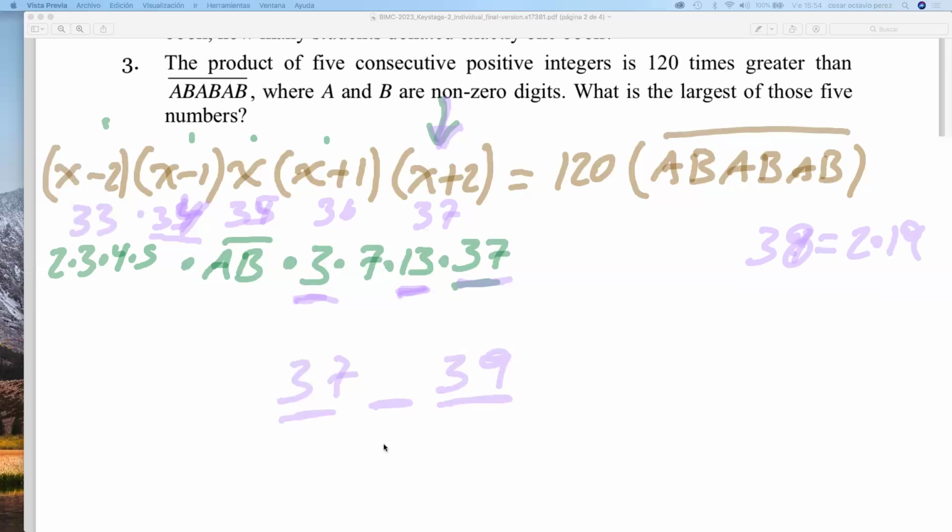So we need 19 divided AB to construct a 38. We can construct a 35 here. We need to construct a 36.